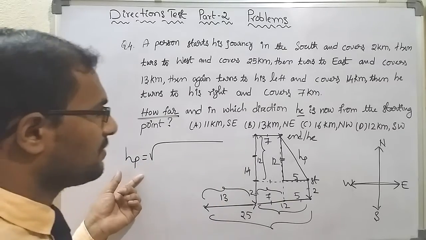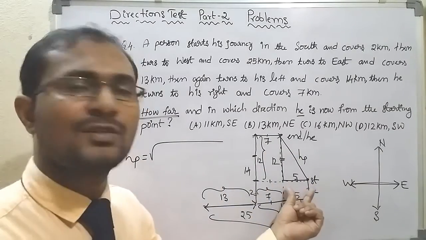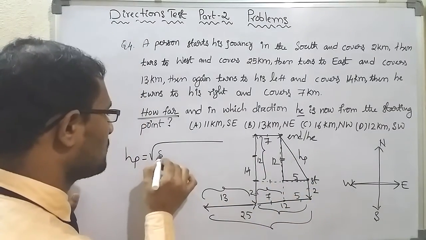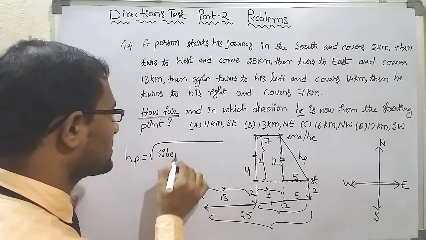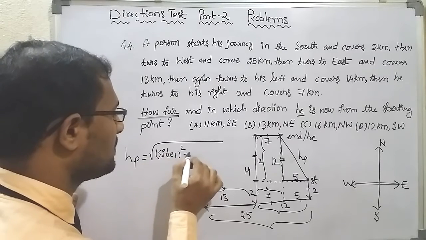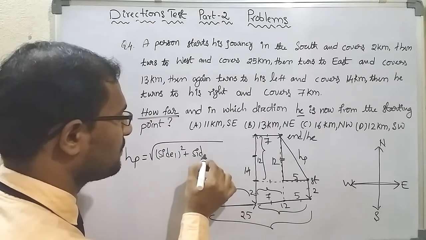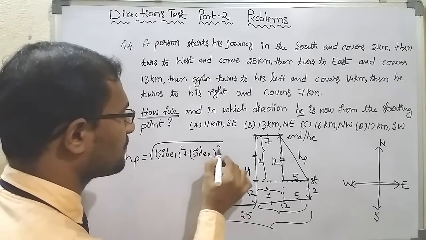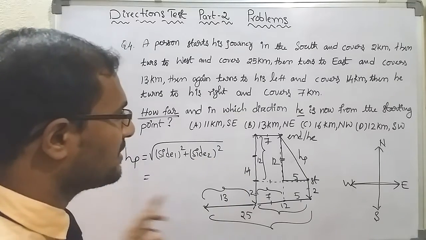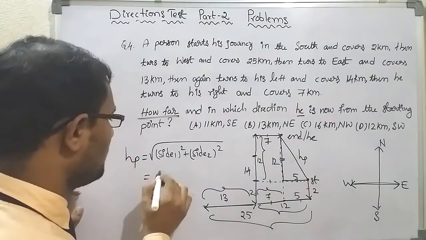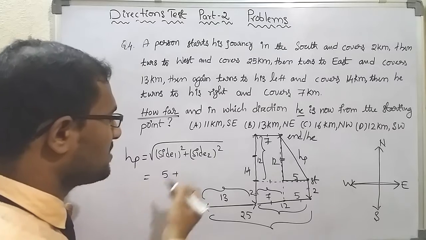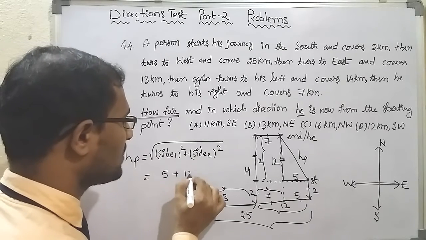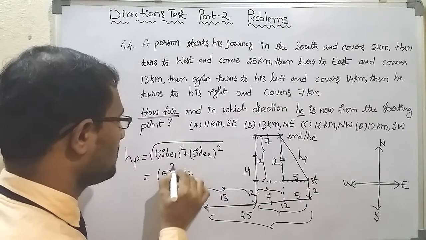Hypotenuse equals square root of side 1 square plus side 2 square. Let us suppose side 1 is nothing but the base, and side 2 is the opposite side.